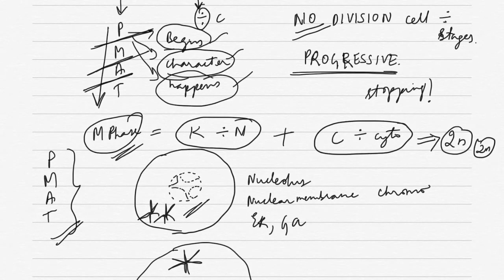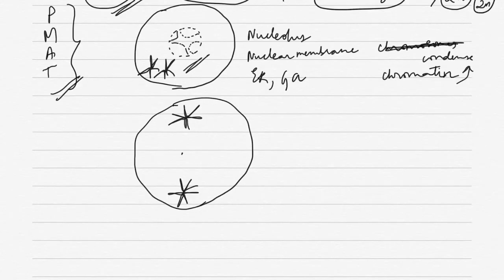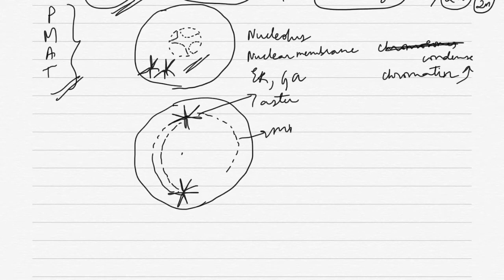Chromatin material condenses to form chromosomes. Here we have the mitotic apparatus being formed. Mitotic apparatus, when we say, it is these two asters and the mitotic fiber.